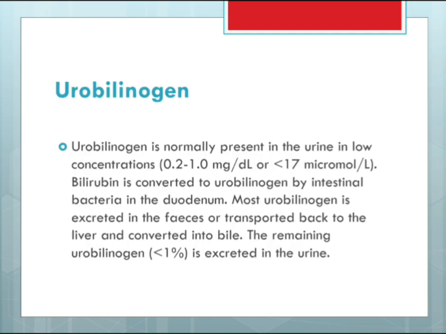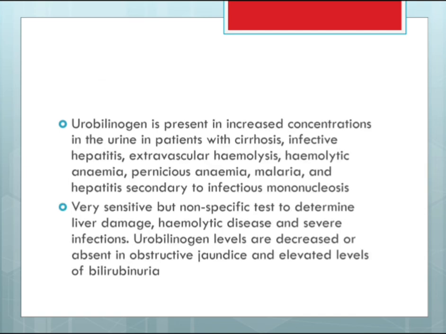Urobilinogen is normally present in the urine in low concentrations, 0.2 to 1 milligrams per deciliter or less than 17 micromoles per liter. Bilirubin is converted to urobilinogen by intestinal bacteria in the duodenum. Most urobilinogen is excreted in the feces or transported back to the liver and converted into bile. The remaining urobilinogen, less than 1%, is excreted in the urine.